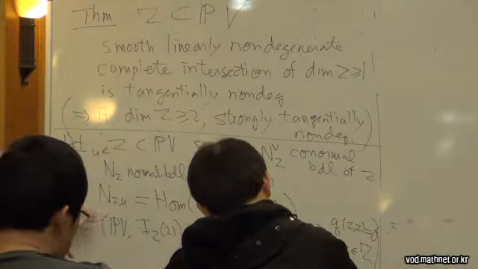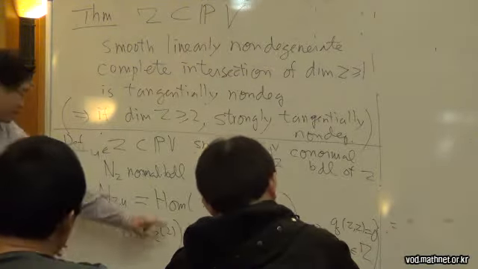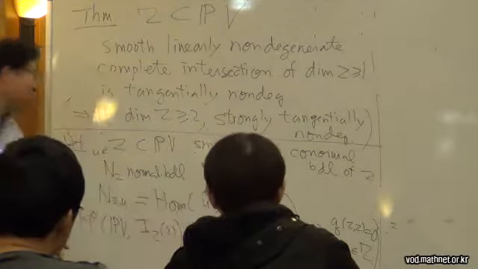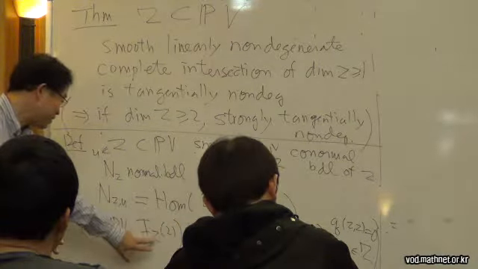Yeah, this is just the standard definition: all quadratic polynomials vanishing on the variety Z.